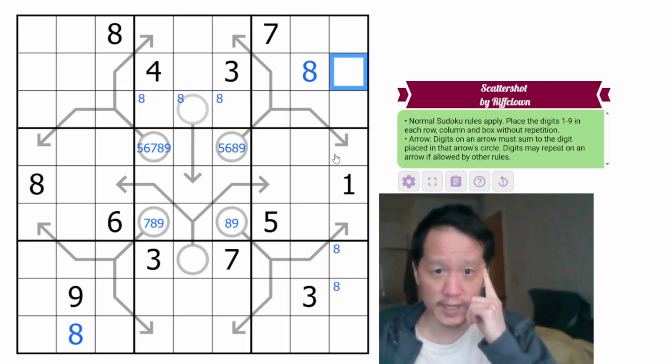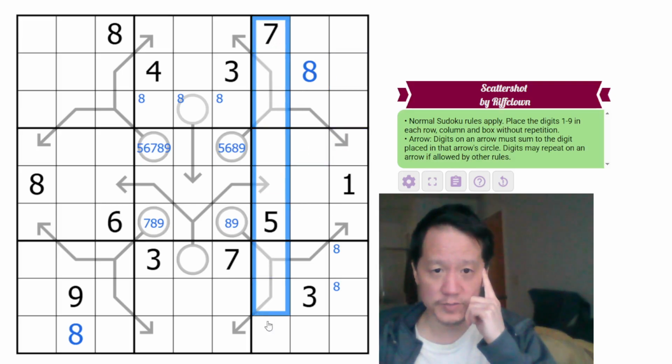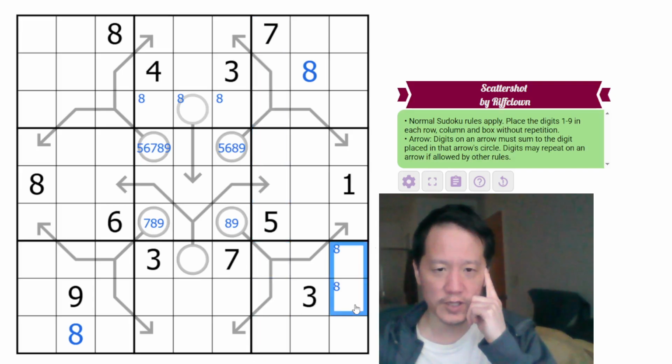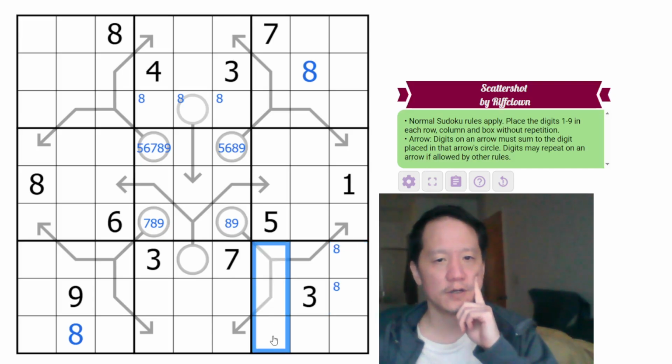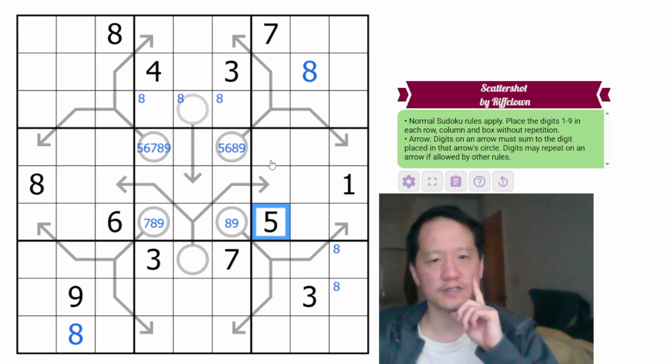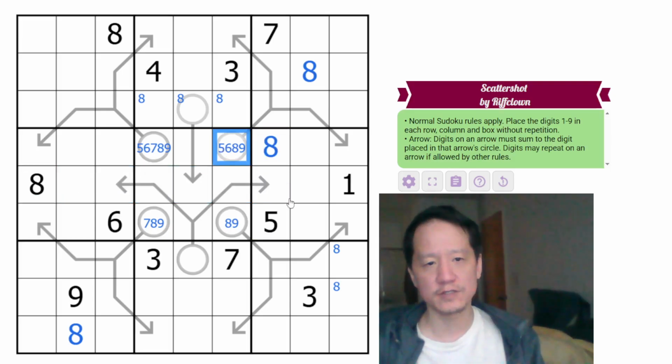So where is the 8 in column 7? Can't be any of these because we know the 8 has to be here. Can't be any of these because we have an 8 here, so it has to be here specifically because it cannot be 8 here, and this is a 5. So therefore this has to be 8, which means neither of these can be an 8.